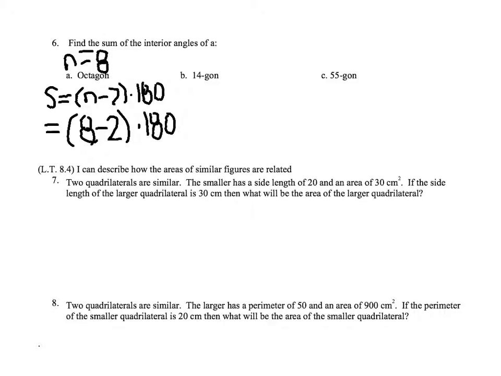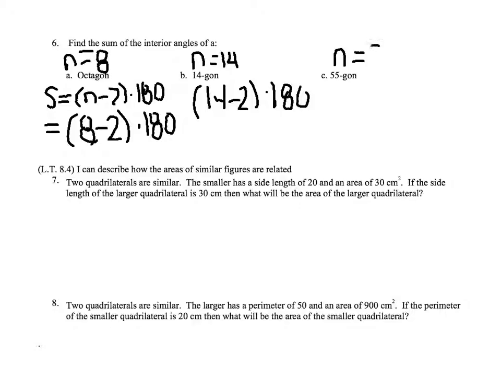In the next one, n is equal to 14. So we're going to do 14 minus 2 times 180. And the last one is n is equal to 55. And so what we're going to do is 55 minus 2 times 180. Okay, hopefully that makes sense. Just plug those in your calculator and you'll get an answer.